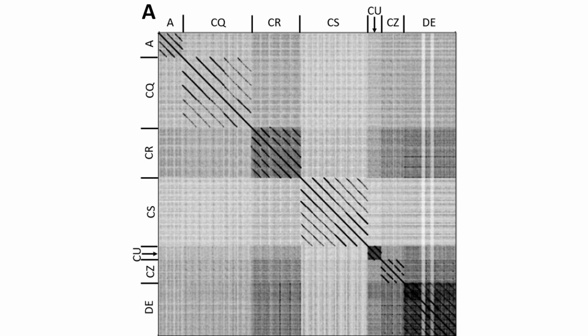My first dot plot that I generated included phages' entire genomes compared to one another. On the X and Y axes are the phages' individual clusters labeled. So the clusters that were represented in this study are cluster A, cluster CQ, cluster CR, cluster CS, cluster CU, cluster CZ, and cluster DE.